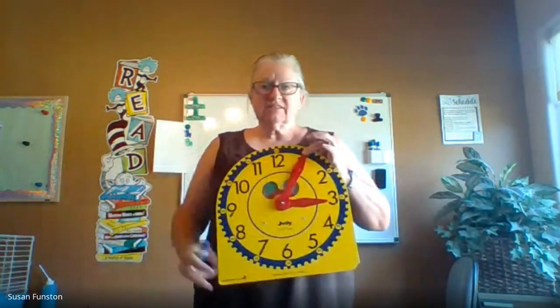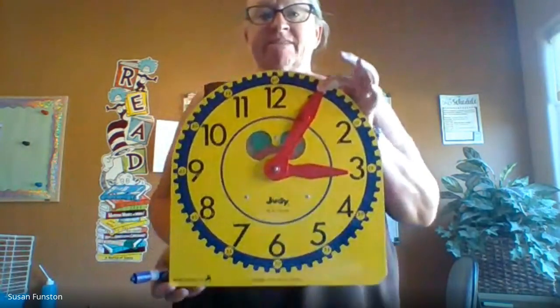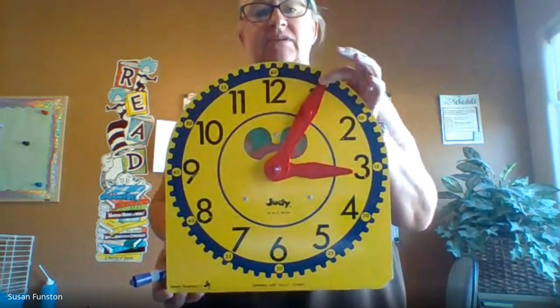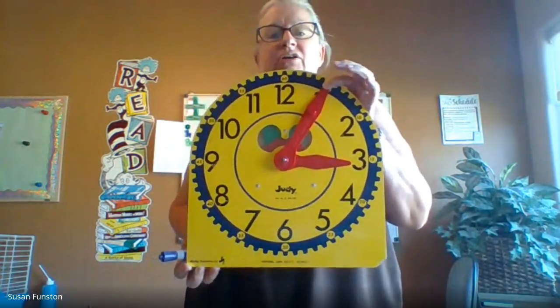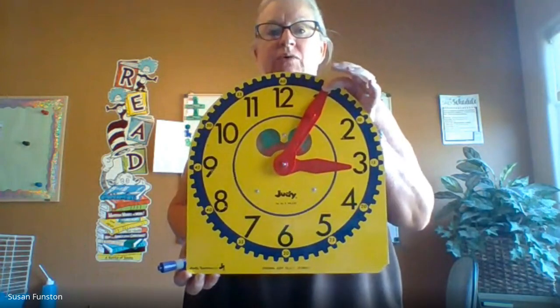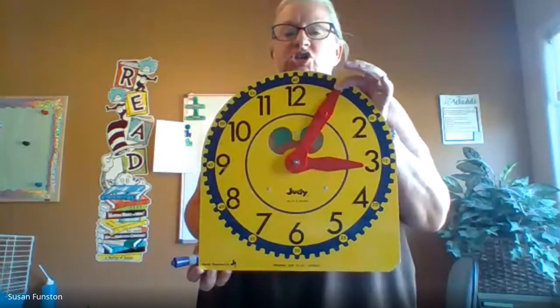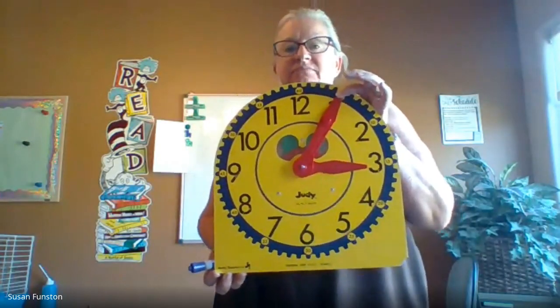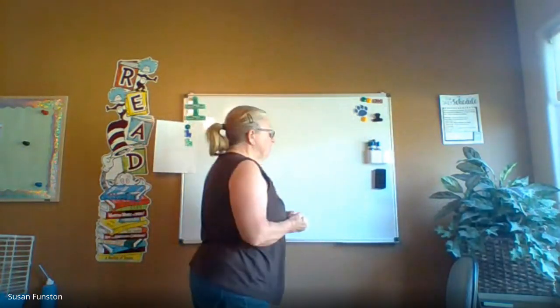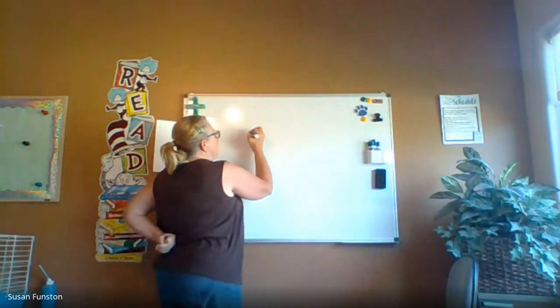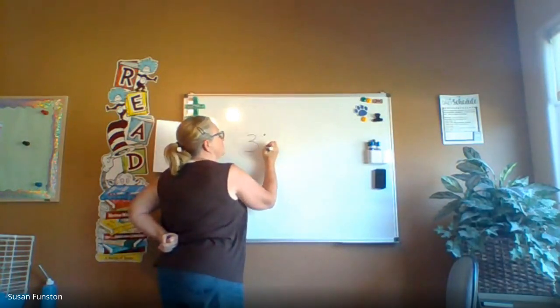Right here is the time on my clock. So what time does my clock show? I want you to write that time on your whiteboard. What time does my clock show? Okay, and you should have written 3:05. 3 is our hour.